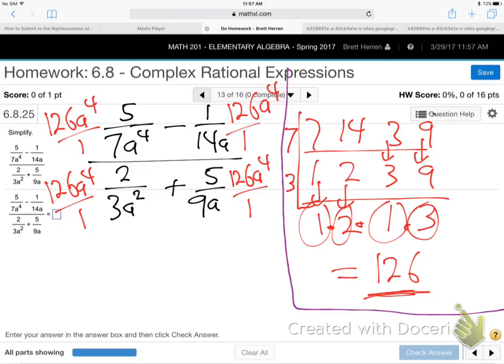And then use your calculator. Those are some big numbers. So 126 divided by 7. Is it 18? 18 times 5 is 90. Yeah, and the a-fourths cancel, huh?